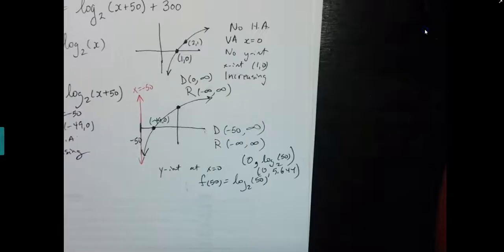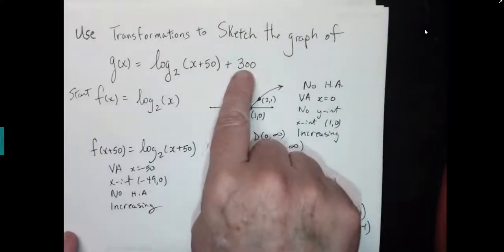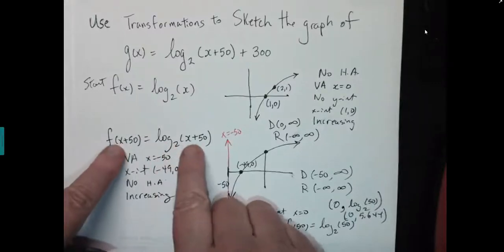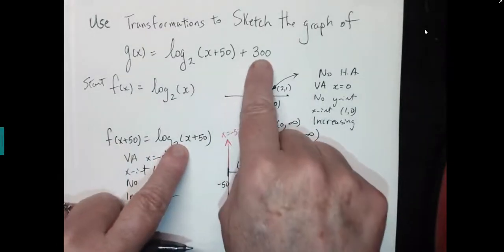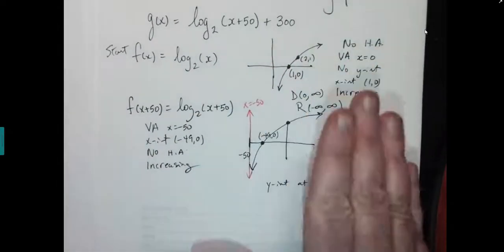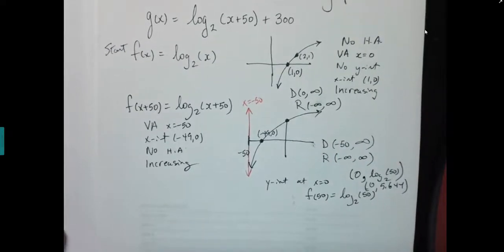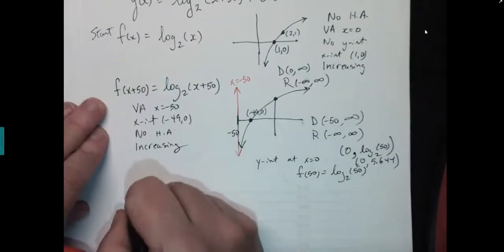And then finally, I'm going to get the graph that I want. I'm going to take this formula and add 300. When you add something to the end of a formula, it just shifts the graph up.